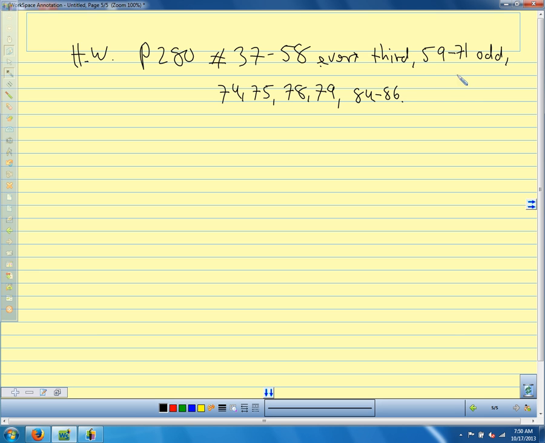The 59 through 71 odd are the ones where you're using your identities, and these are more right triangles. All right.